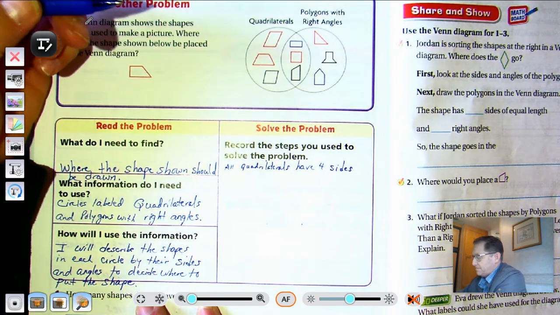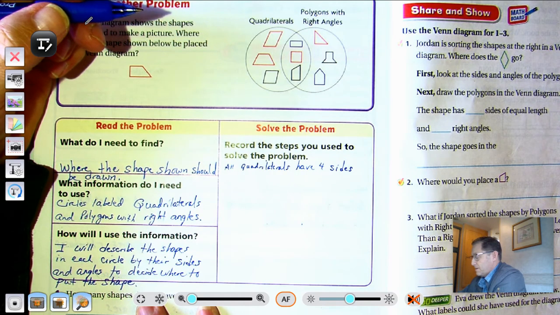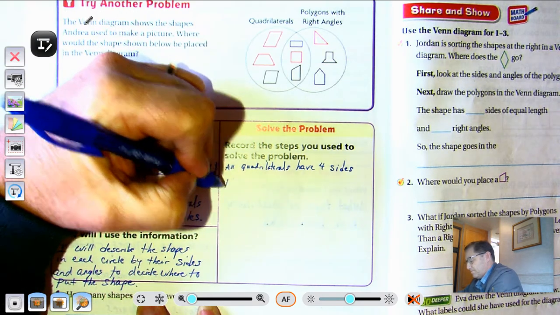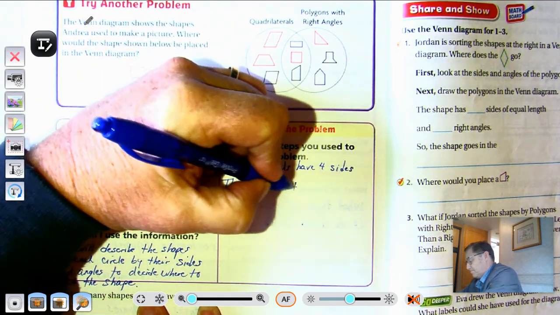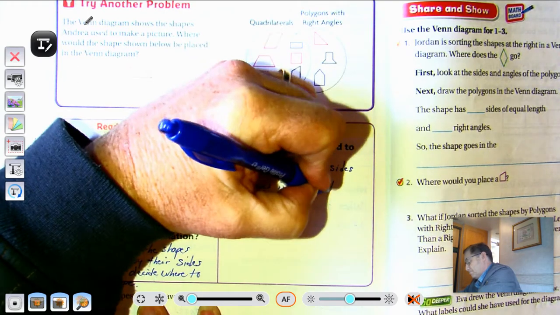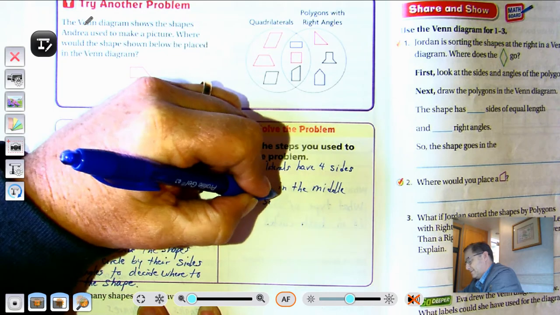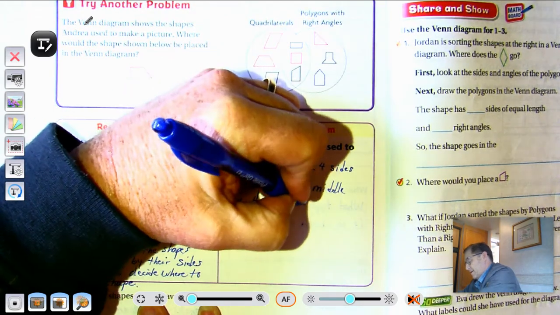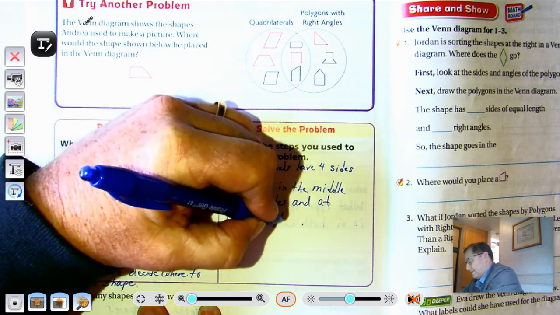Okay, the shapes in the middle have four sides and at least one right angle.